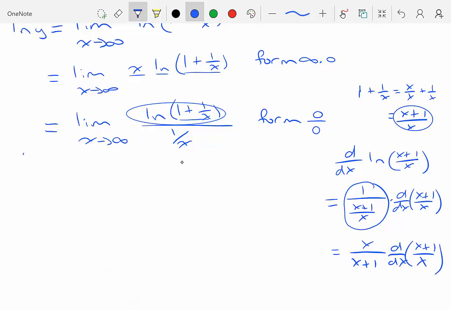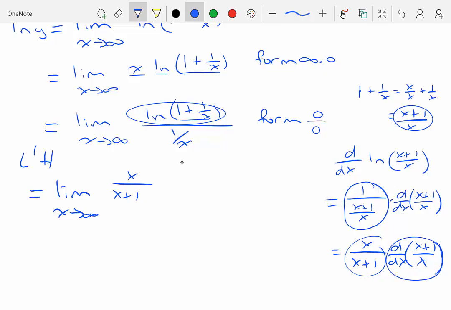Okay, so back to my limit. I have the correct form, so I can use L'Hopital's rule. So this is the limit as x approaches infinity of the derivative of the natural log of 1 plus 1 over x. So the derivative of the outside, leave the inside alone. That's right here. X divided by x plus 1. Then I need the derivative of x plus 1 divided by x.